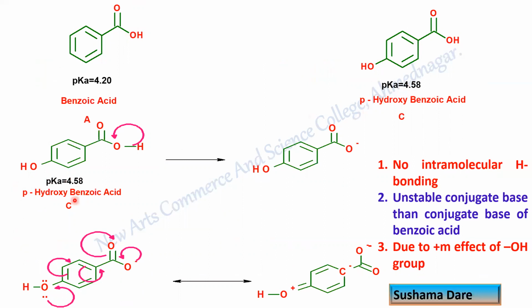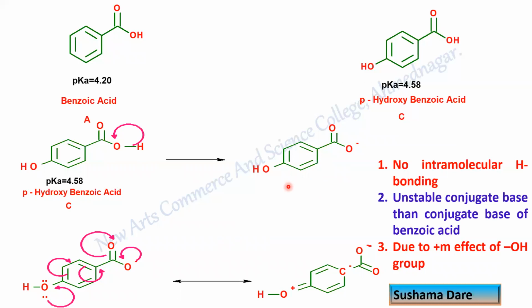Look here, after the dissociation of this proton, in the conjugate base which results in this case, the intramolecular hydrogen bonding that we discussed in the previous slide is absent for the stability of the conjugate base. So it is a less stable conjugate base than the conjugate base of benzoic acid. So why is this conjugate base unstable?